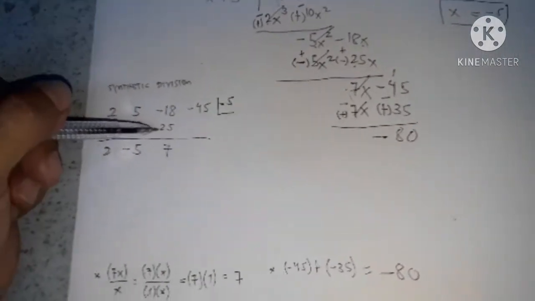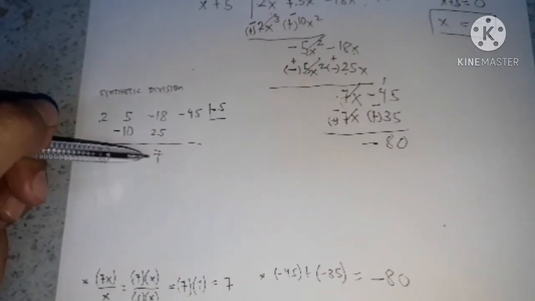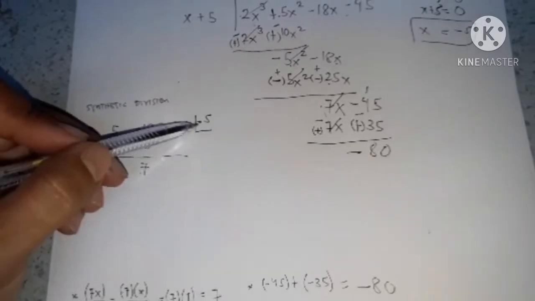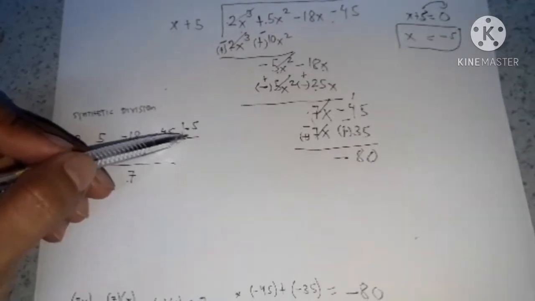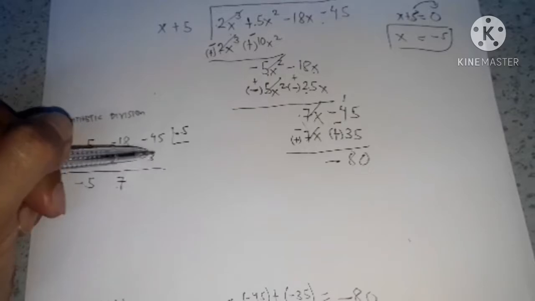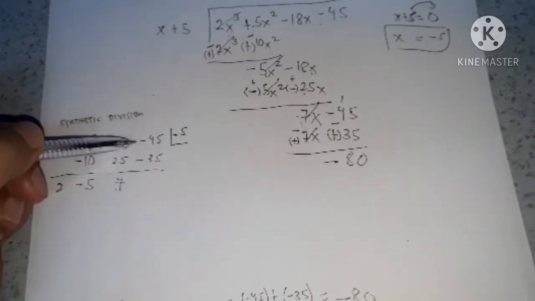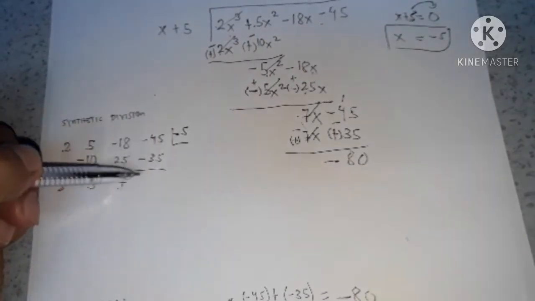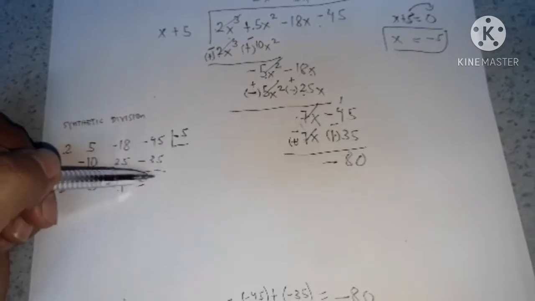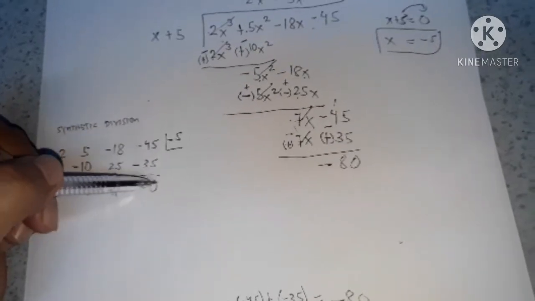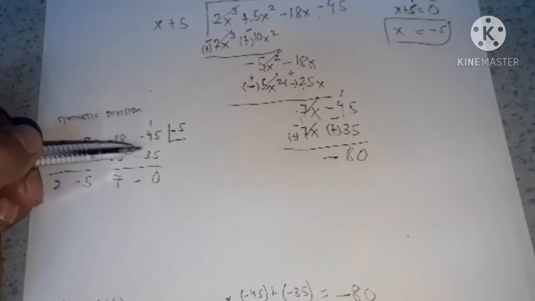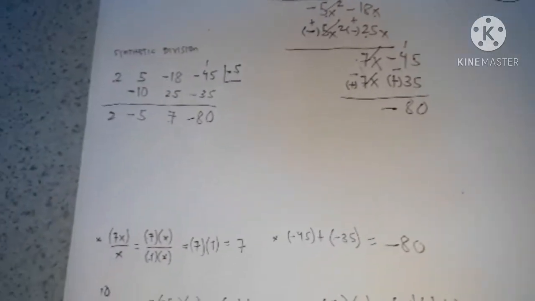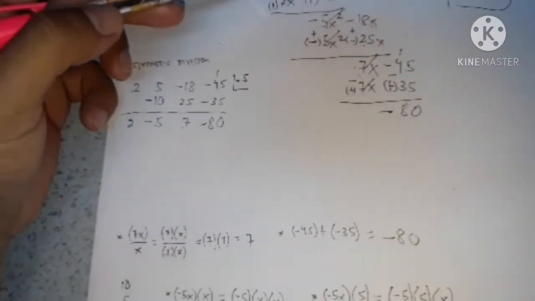So, para lang siyang 25 minus 18, that is 7. And then positive 7 times negative 5, that is negative 35. So, adding negative 45 plus negative 35, you have 0, carry 1. And then 1 plus 4 is 5 plus 3 is 8. Again, you have negative 80.